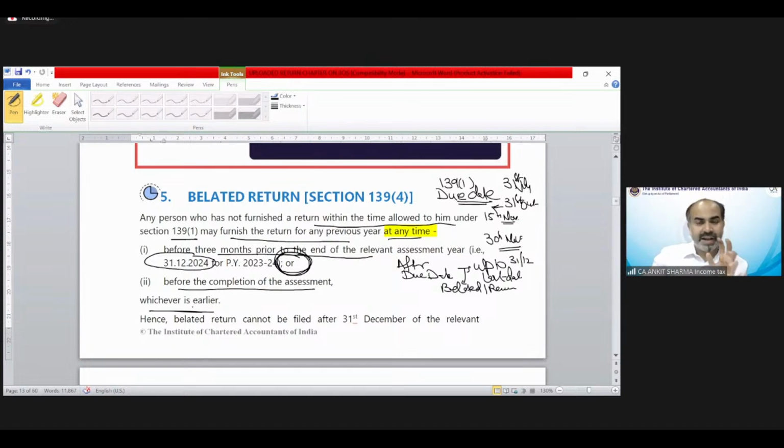Generally the last date of filing of return is 31st December 2024. But suppose the completion of assessment has been done on 10th of December 2024, then this would not be the last date for filing of belated return. Then you have to file the return before that date. Clear?